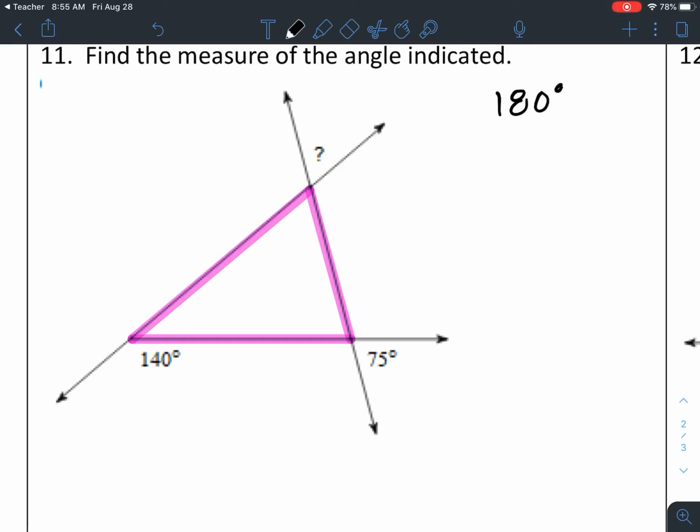I had to think about that for a second. Okay, so it cannot be bigger than 180 degrees inside. So the angle here, here, and here cannot be over 180.